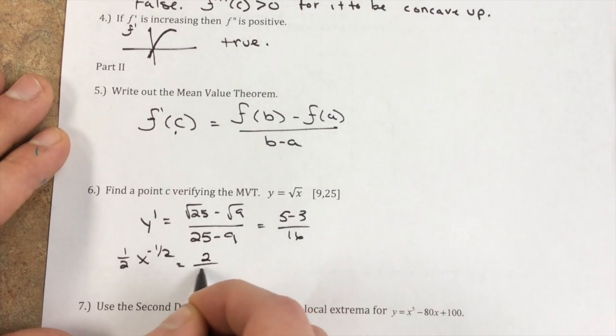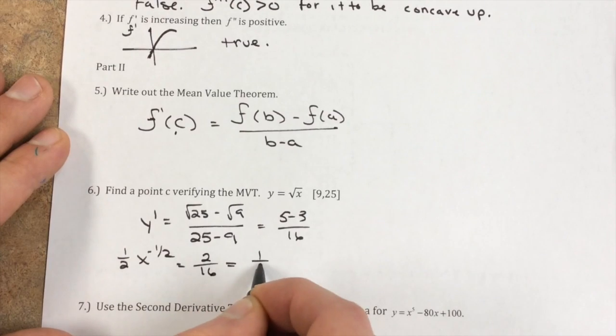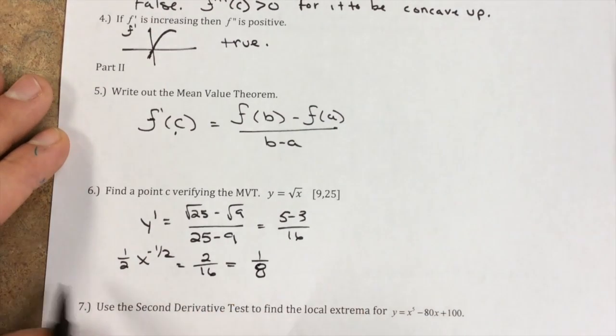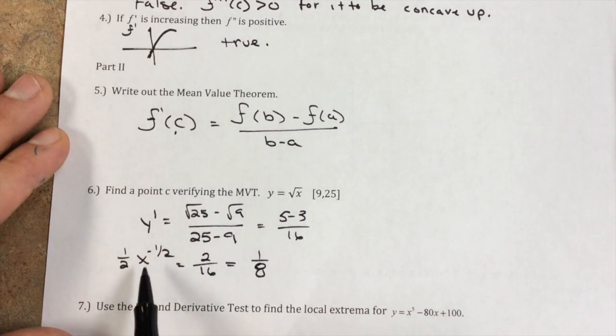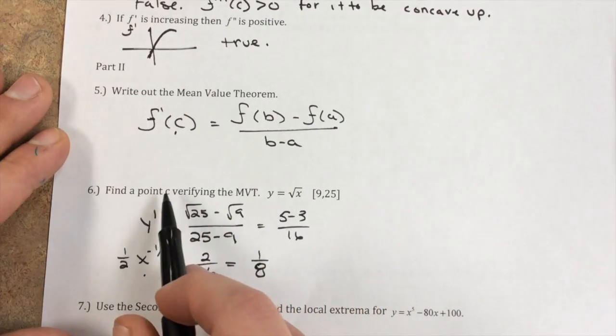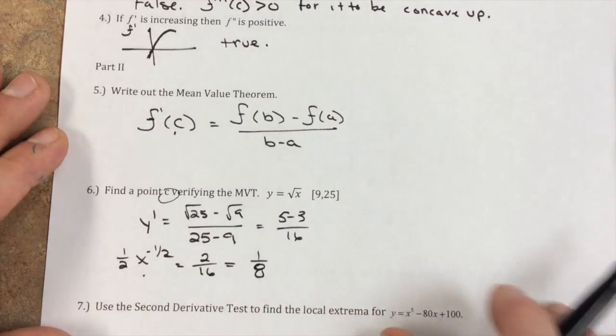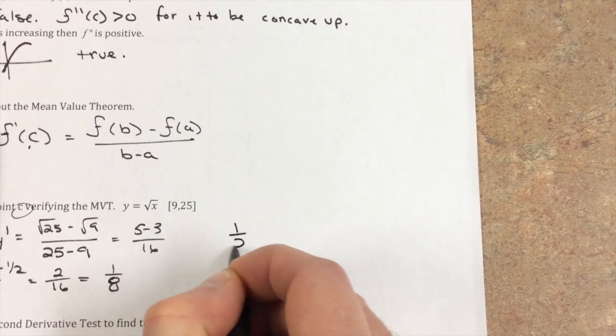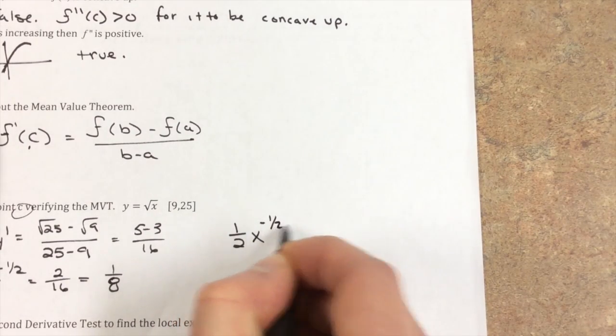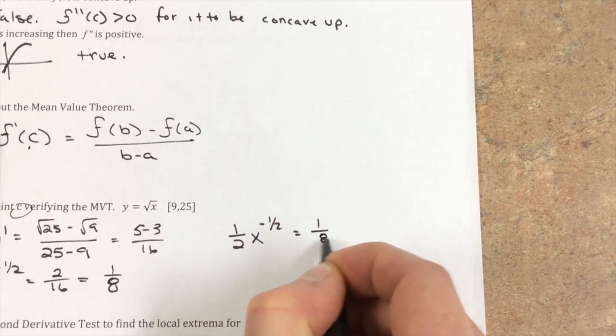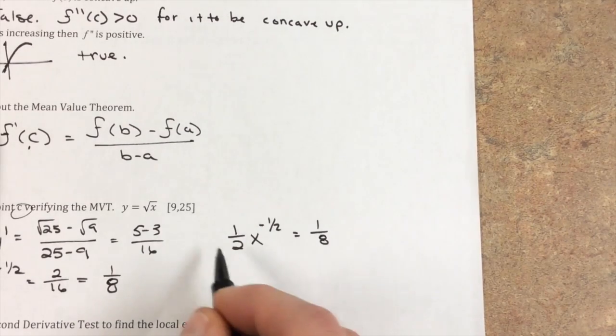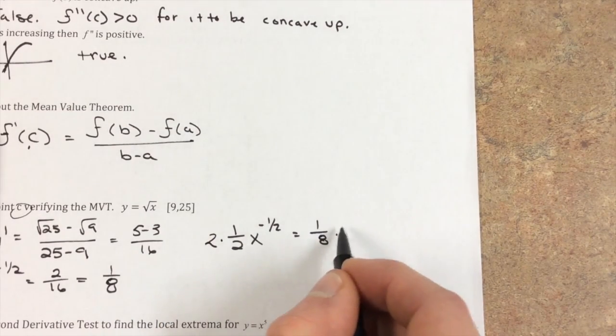So that's 2 over 16, which is 1/8. So we're going to try and solve for x to find out what point these two are equal. So I have 1/2 x to the negative 1/2 equals 1/8. I'm going to multiply both sides by 2.